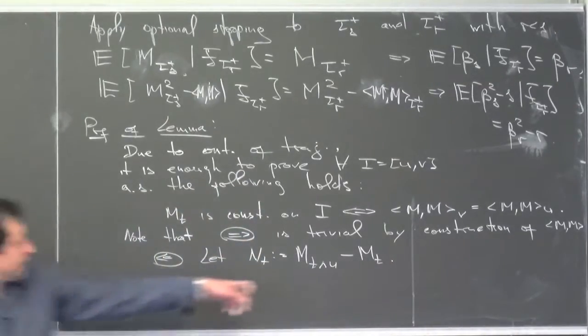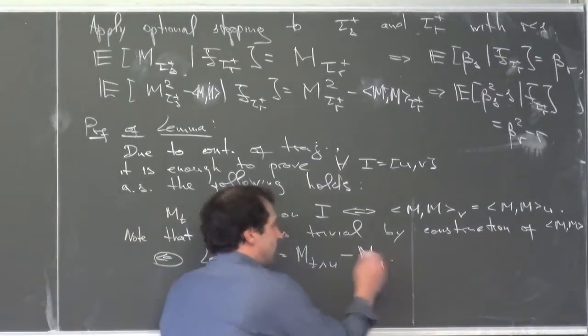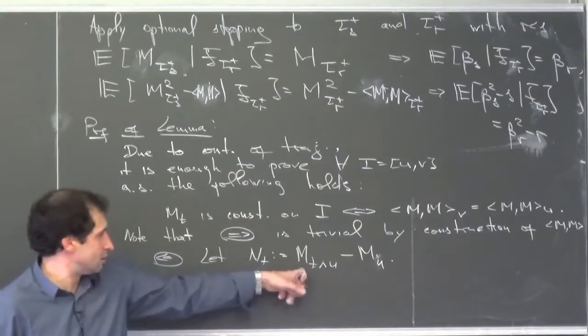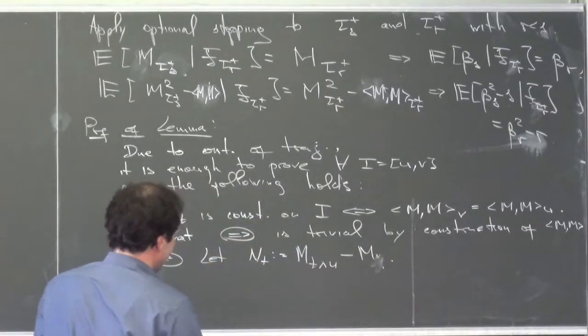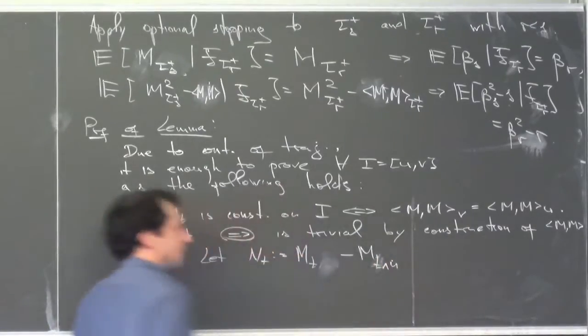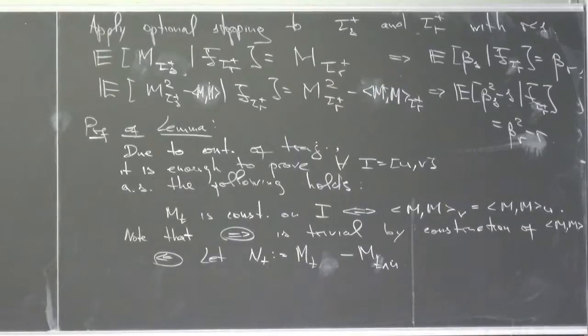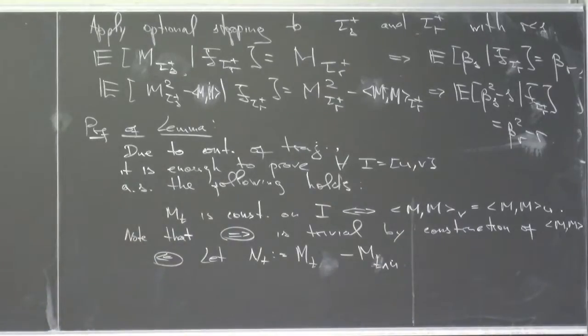So if t is small, then this is t and this is t. This is 0. And then it starts growing when t exceeds u.